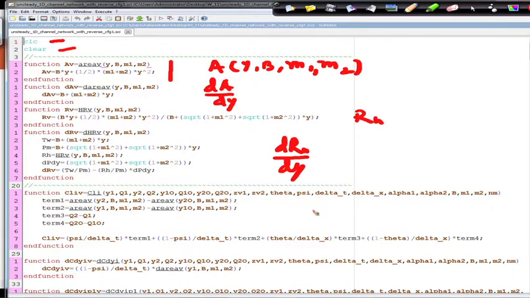Fifth function, this is CLI, n, n plus 1.